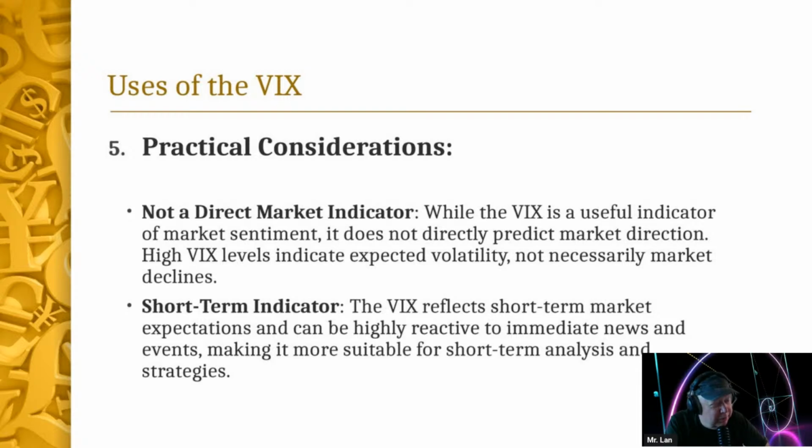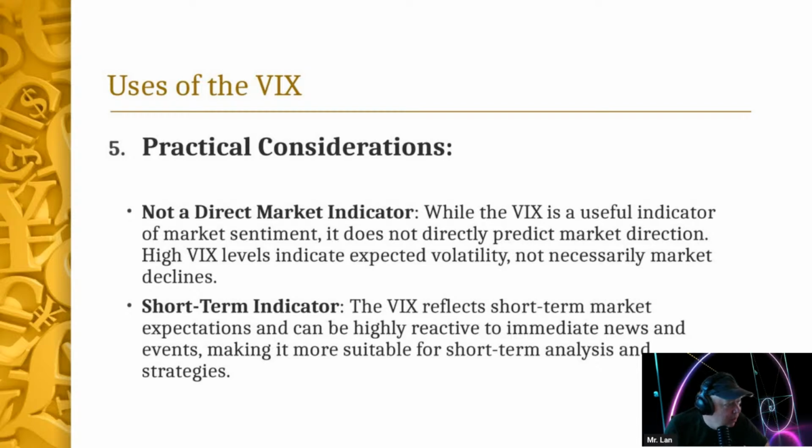It does a pretty good job of it, though. High VIX levels indicate expected volatility, not necessarily market declines. It's just a lot of volatility. Short-term indicator: the VIX reflects short-term market expectations and can be highly reactive to immediate news and events, making it more suitable for short-term analysis and strategies.